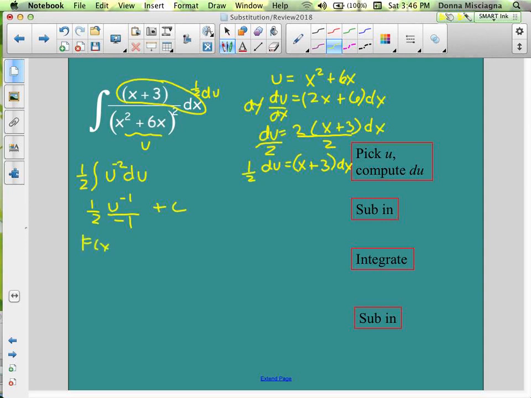F of x equals -1/2, so let's just put that negative in front there. And then everything else will go down to the denominator. So we have the 2 in the denominator and the u to the -1 power. So that's just going to be x squared plus 6x in the denominator.